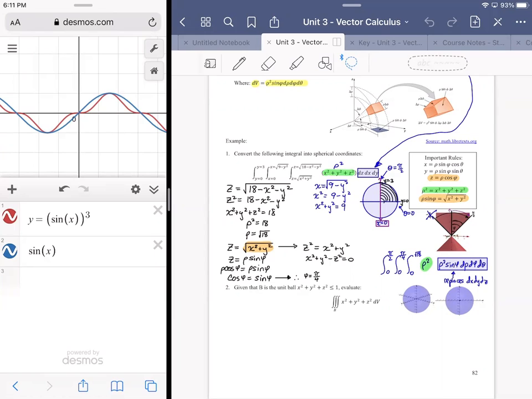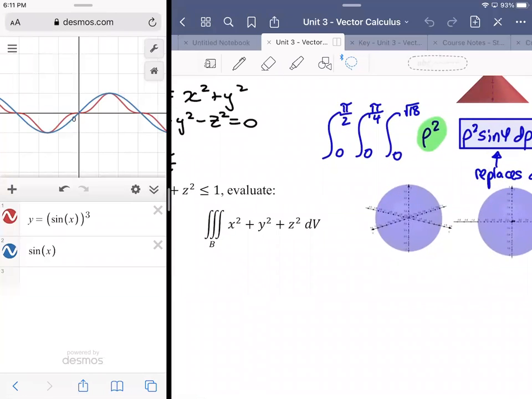If you look at it and compare it to what we had done previously, we could look at it in rectangular coordinates, in which case this would be dx dy dz or some other permutation of that.